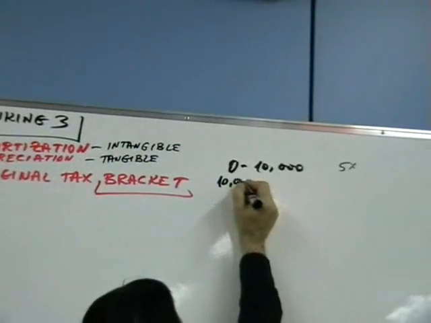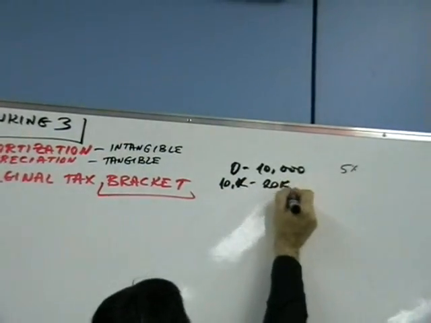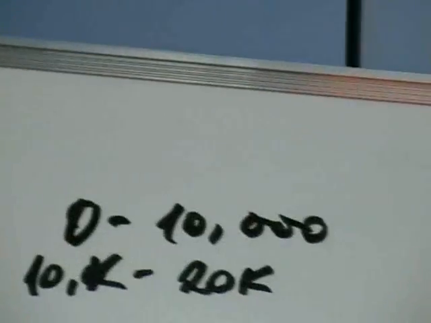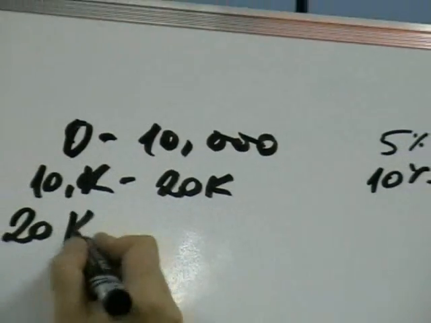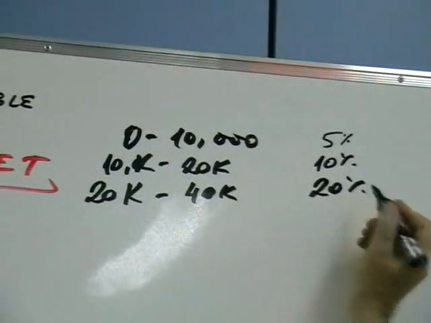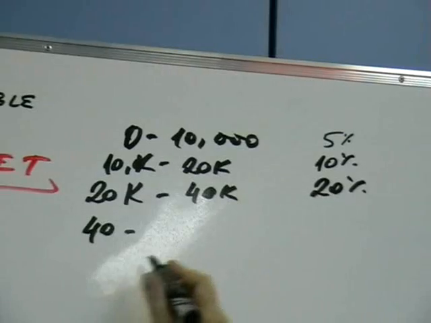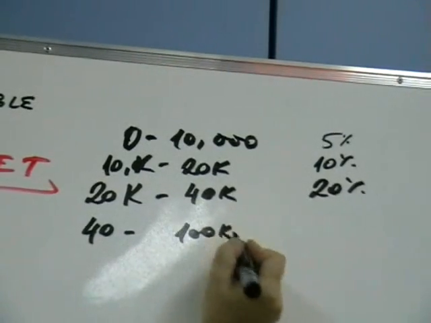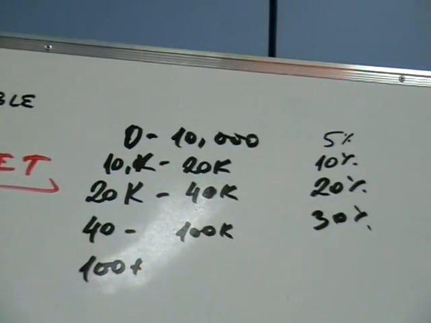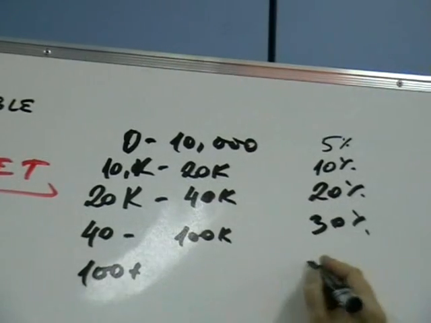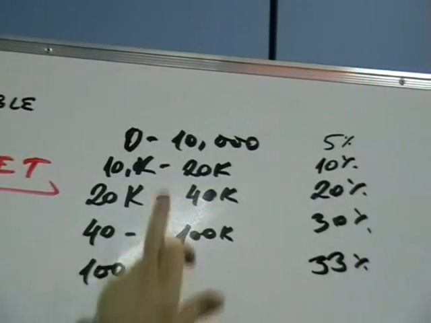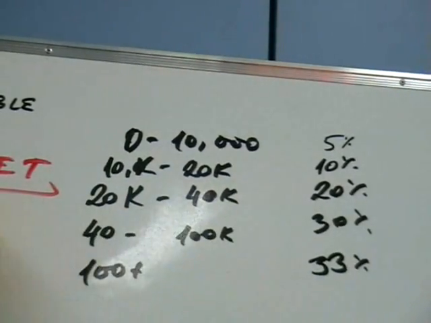From 10,000 to 20,000, you're paying 10% tax. From 20,000 to 40,000, you're paying 20% tax. From 40,000 to 100,000, you're paying 30% tax. And any revenue or income over 100,000 will be taxed at 33%.